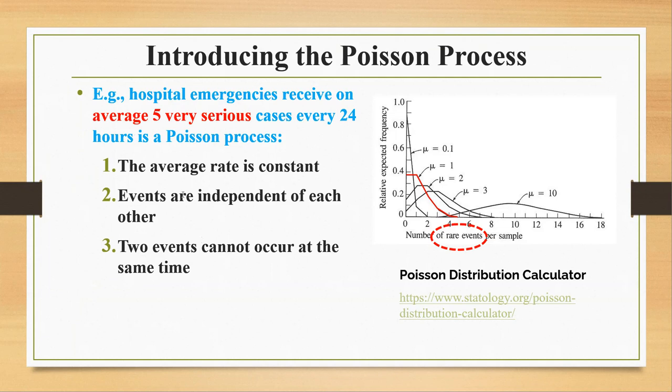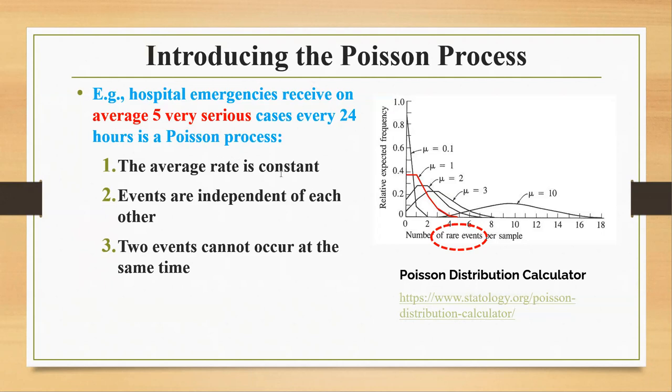Suppose you are tabulating the hospital emergency rate, the patients you receive every 24 hours. You find the average is five, and by the way, this is serious, meaning it's a rare event. You find it's kind of constant. You tabulate the incoming patients with various sicknesses, and you find it's five per day.